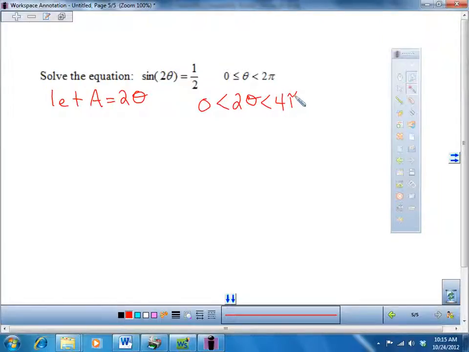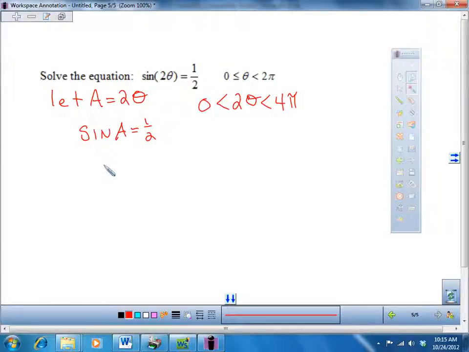So what I have to do when I do this problem, I rewrite it as sine of A equals 1/2. And so we're between 0 and 4 pi, so A is between 0 and 4 pi, which is 2 theta. You don't have to do this little substitution here.